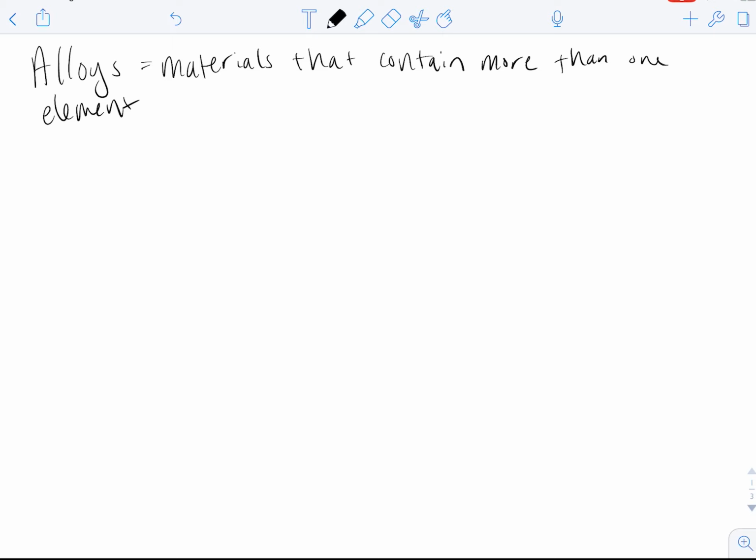So alloys are materials that contain more than one element. And almost always those elements are going to be metals.